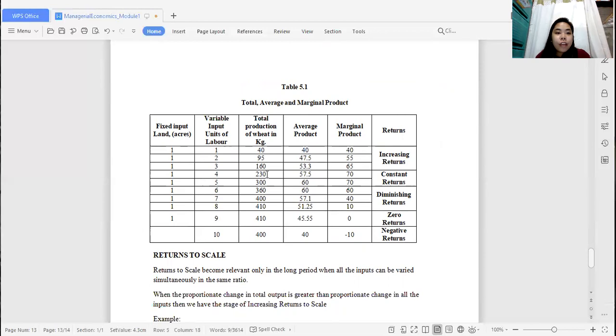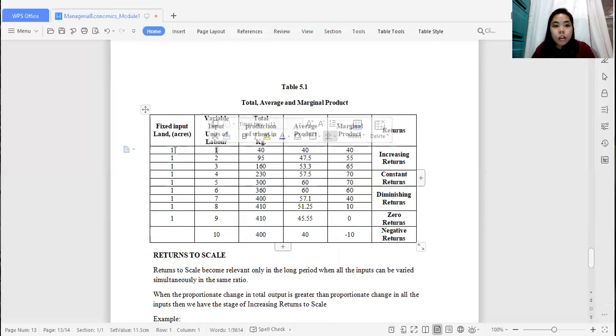So we have here the fixed input ni farmer. So he has 1 acre of land. So ari siya ang iyang variable input, ang iyang labor. So with his 1 unit of labor, no? Sa 1 acre nga land, so fixed na siya. Kaya ara ta sa short run, di ani ma-change.